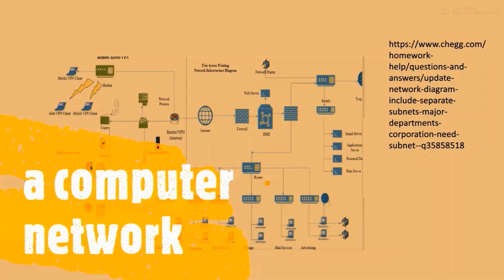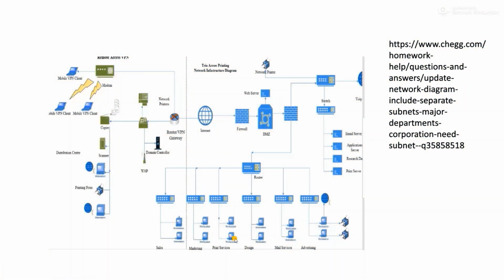Most of the time when you have a computer network, the purpose of having that network is to share data. If I have a device here and I want to share information with this device here, some connectivity has to be established. If not, I'll have to physically move from this place to that place to get that information to that person, which is a lot of work.